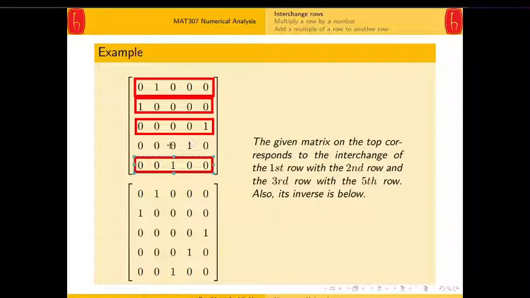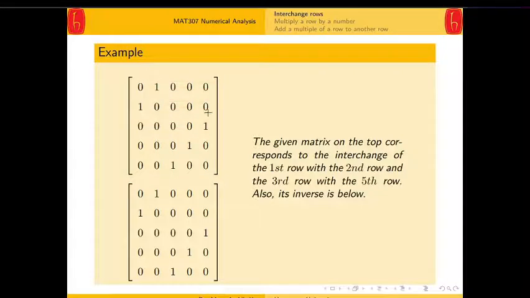So this matrix corresponds to the interchange of the first row with the second row and the fifth row with the third row. Also, its inverse is the transpose. If we take the transpose of this matrix, we obtain the same matrix, and this will be the inverse of this matrix. You can easily check that. If you multiply this matrix by that matrix, you will find the identity matrix of dimension 5, or order 5.